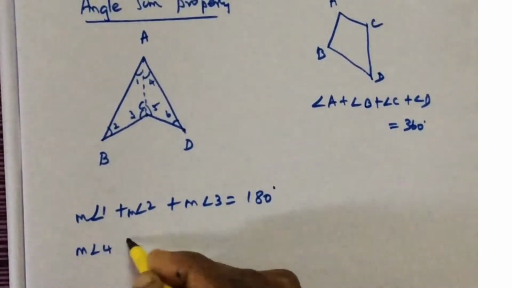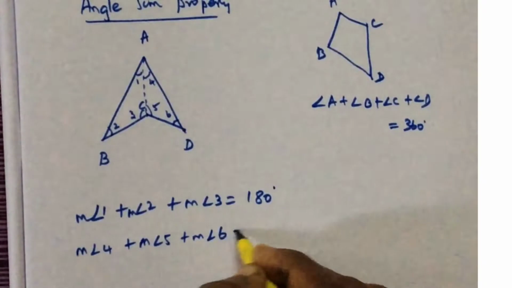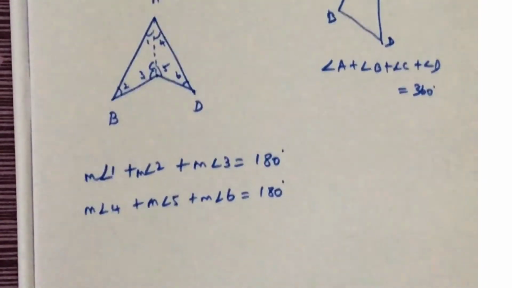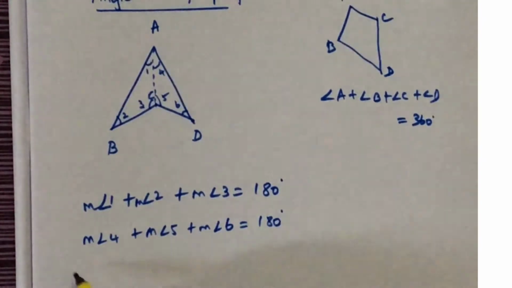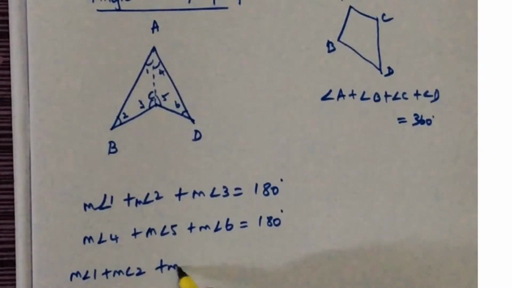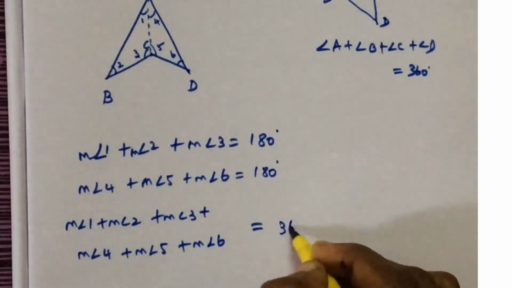The measure of angle 4 plus angle 5 plus angle 6 is 180 degrees. Now I am going to add all this: angles 1 through 6 equal 180 plus 180, which is 360.